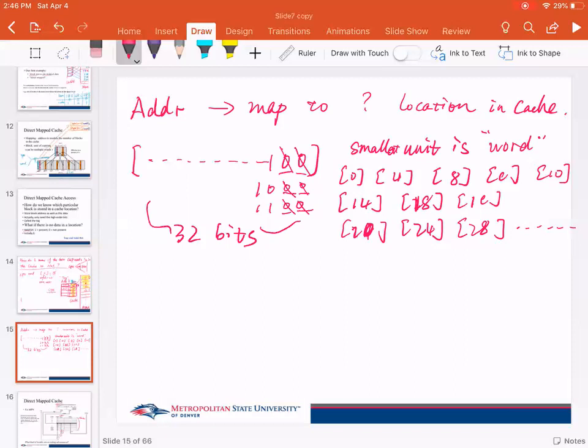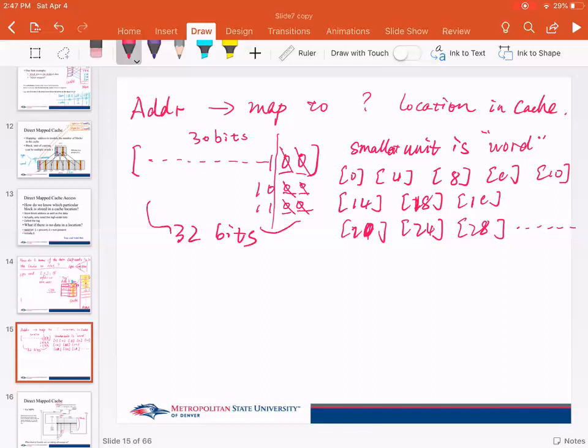And then I look at the leftover bits, which is the left 30 bits. Another question is, should I store all the 30 bits left here? The answer is no. You don't want to store the 30 bits here because there is a certain policy when you map the different memory data into the cache location.